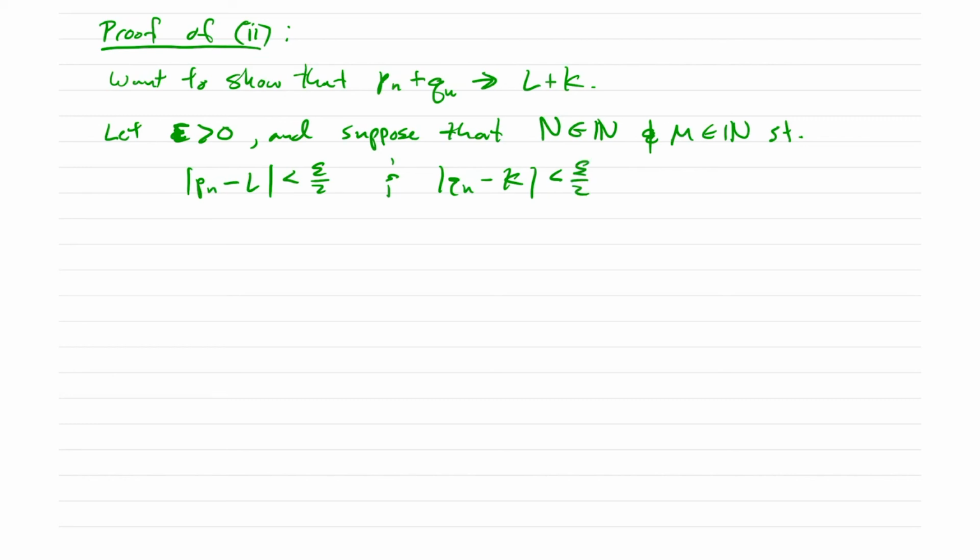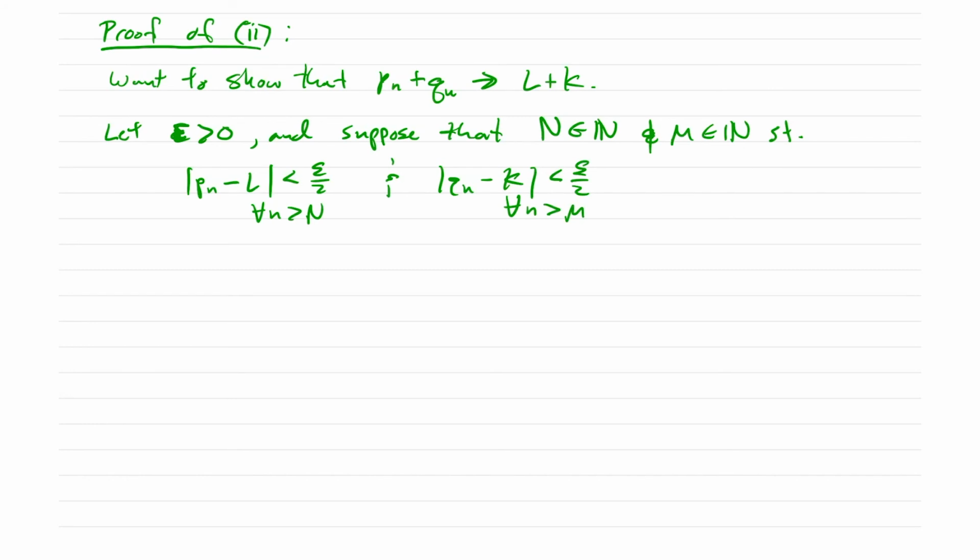Okay. So all I did is, I'm really doing this not just for epsilon, but for epsilon over 2, and you'll see why in a second. And so this is going to hold for all n bigger than n, and this is going to hold for all n bigger than m.